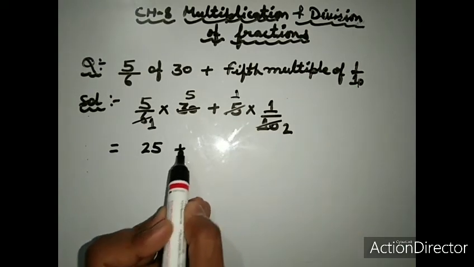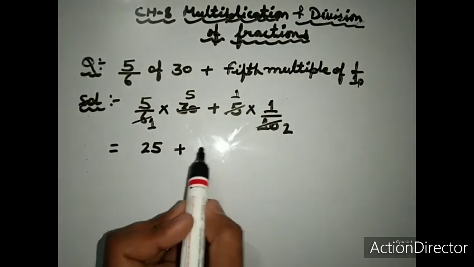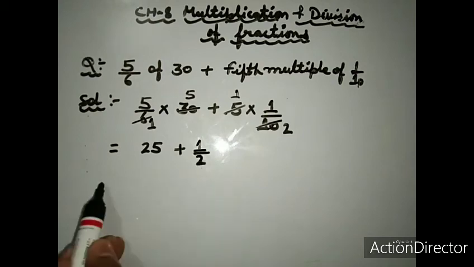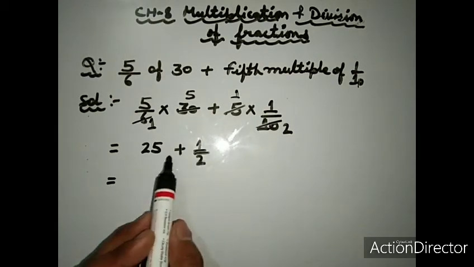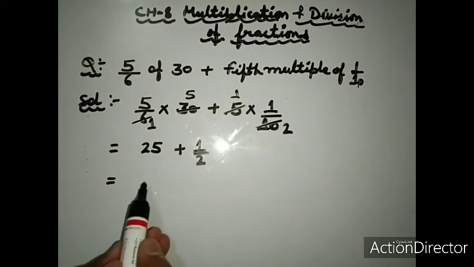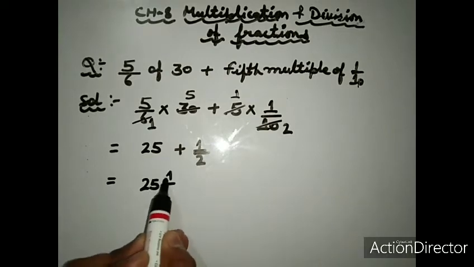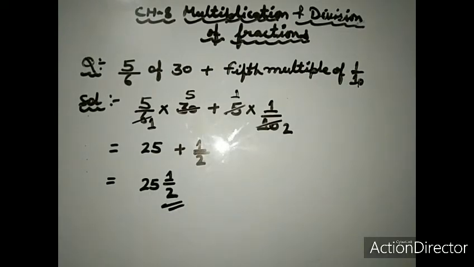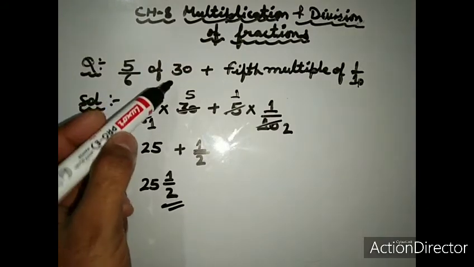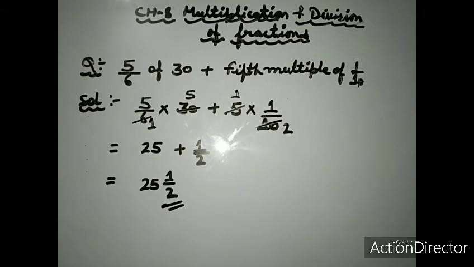Now plus 1 ones are 1 and 2. So here we write 1 upon 2. Now you write this fraction as 25 whole 1 upon 2. So when you add 5 upon 6 of 30 plus fifth multiple of 1 upon 10, you get 25 whole 1 upon 2.